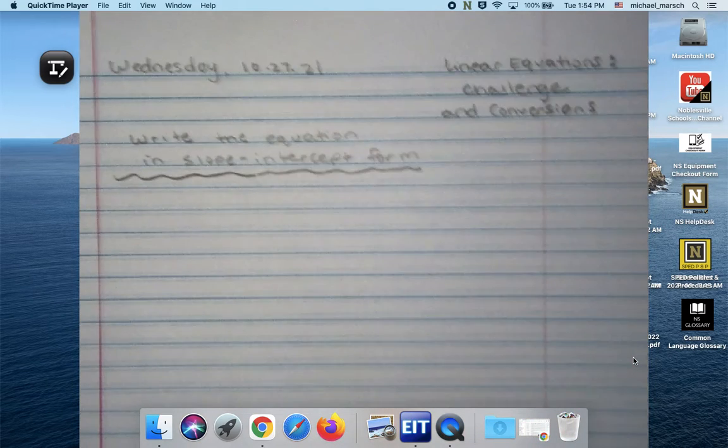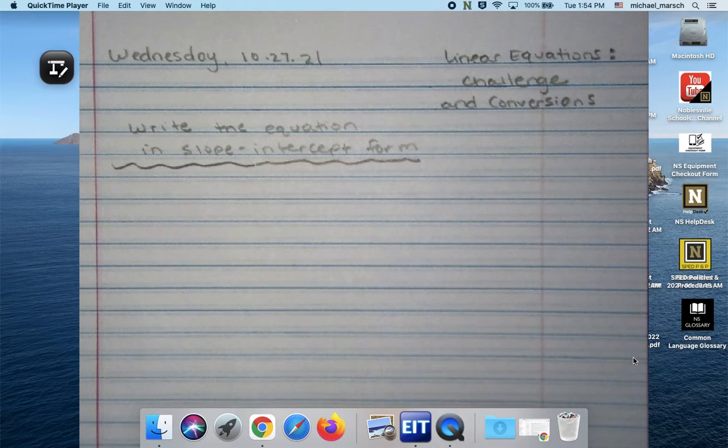First thing we're going to do is write an equation in slope-intercept form. So I'm going to give you random pieces of information, and you're going to write it in slope-intercept form. Cool?